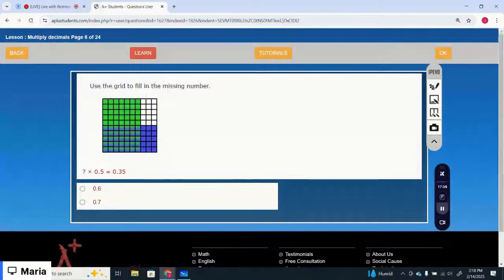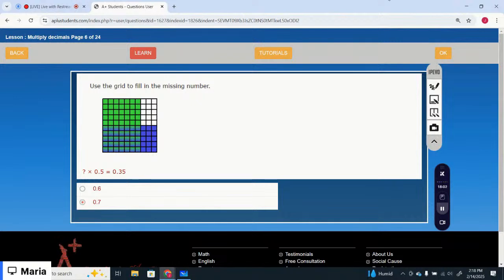0.5 times what number is 0.35? 0.5 times 0.7 makes 0.35. Option number 2 is the correct option.